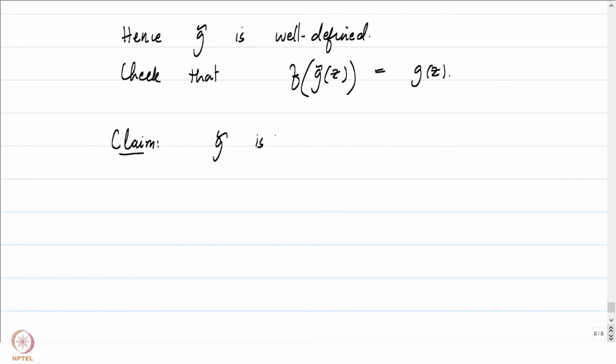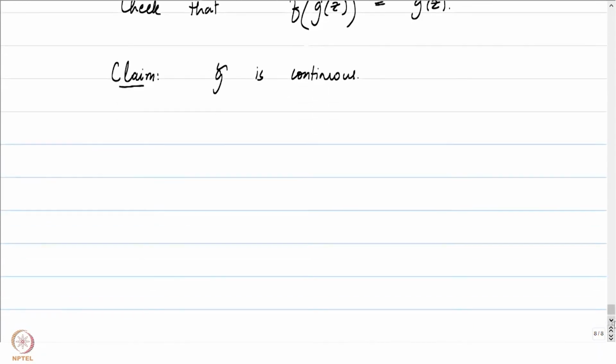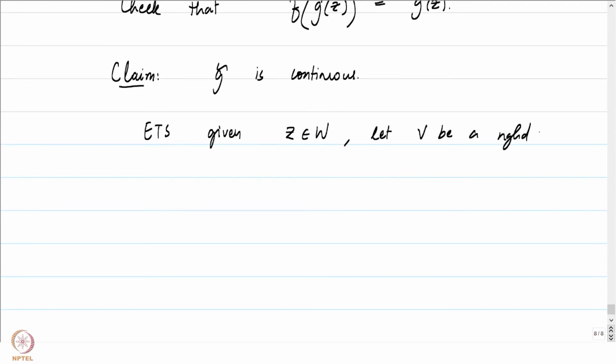G tilde is continuous. Now remember that we have not used the fact that Z is locally connected, and that's precisely where we will be using that. To show that G tilde is continuous, we will prove the following. Enough to show that given a point, say z in W, let V be a neighborhood of G tilde of z.